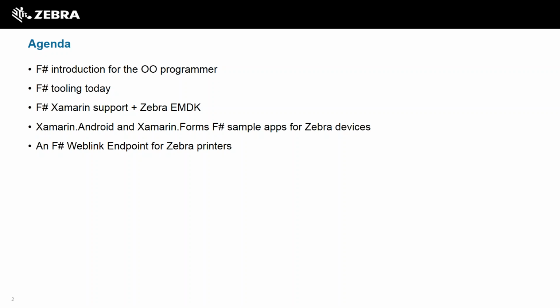I will also finally talk about how F# can also be used to develop Weblink endpoints. And for those who do not know what a Weblink endpoint is, I think it would be an interesting discovery connected with some advanced capabilities of our printers.